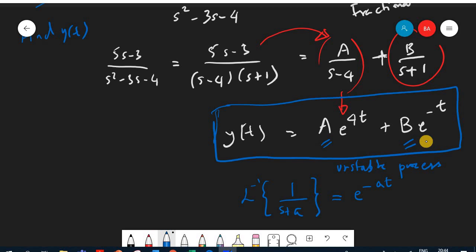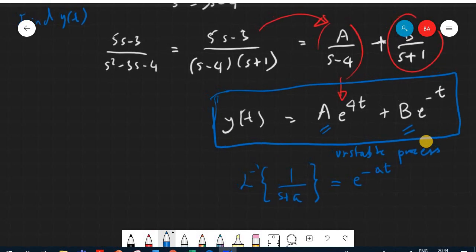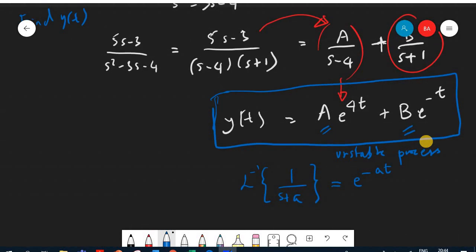In the other term, a is equal to 1, so b goes outside, and 1 over s plus 1 will be e to the power minus 1t. Beautiful. So what we need to do here is to calculate the values of A and B. Now my problem is a little bit simpler and I'm going to work on it.